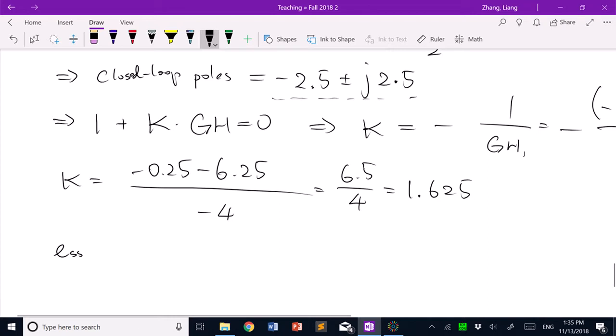Let's check the static tracking error. How do we calculate this again if you don't remember? The equation we have in chapter 7 is like this, where g is the open loop transfer function, but here we have gh, so it's probably better that we write it as gh.